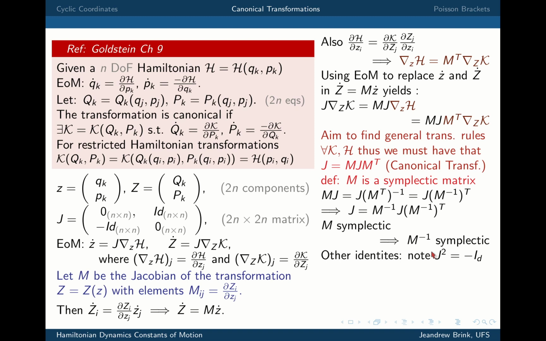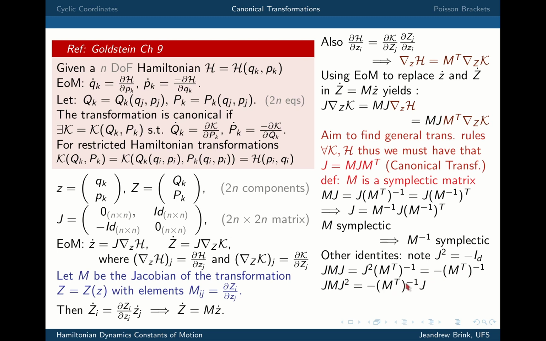The next thing that's useful is that J squared is equal to minus the identity matrix. You get that by simply multiplying out these two matrices, and you can see that you're going to end up with a whole bunch of minus ones on the diagonal. That's useful because you can now take this expression M J, multiply it by J in front, so you have J M J is equal to J squared times M transpose inverse, which is simply minus M transpose inverse.